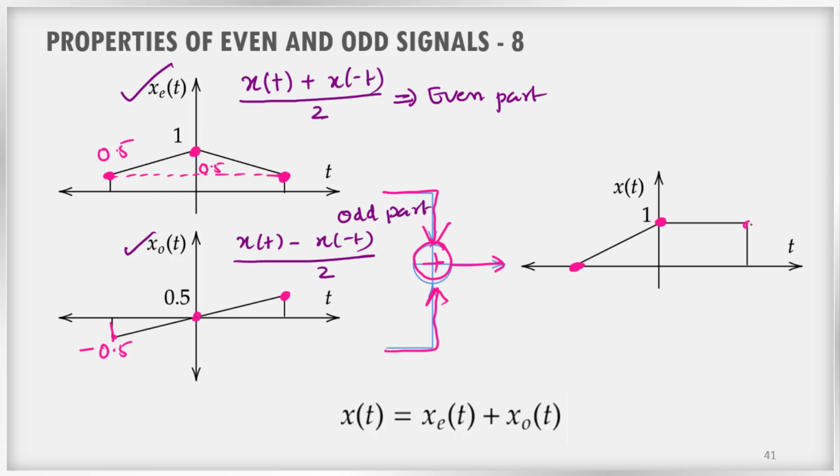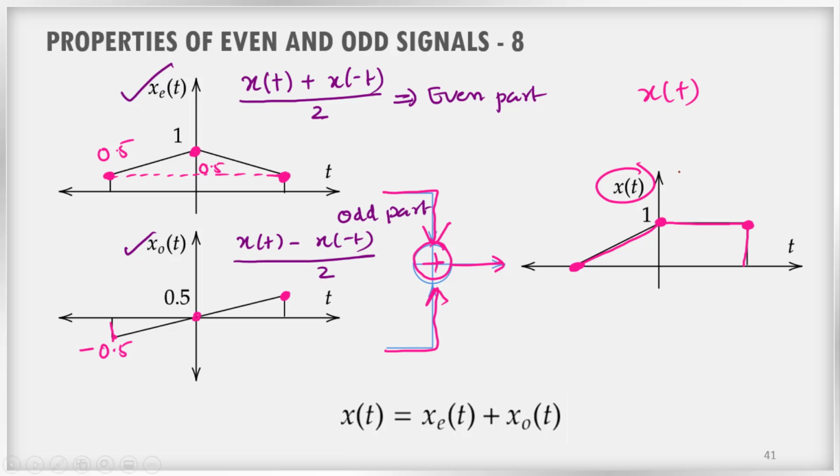When you add, you will get 1, right? And the slopes also will appear in the result because of addition, and you will get the output signal like this. Actually this is the actual signal x of t where we have started. So by adding the odd part and even part, we can get the original signal back.